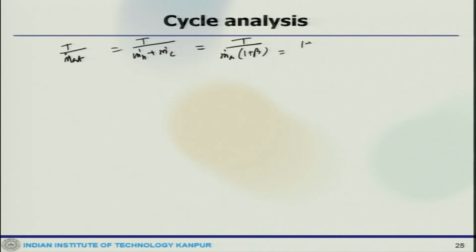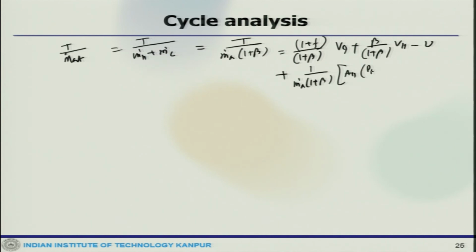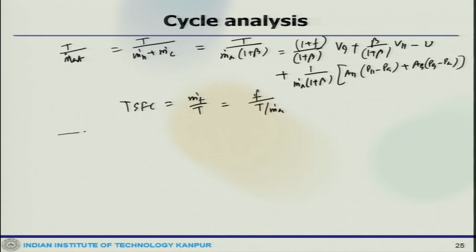So one can write ((1 + f)/(1 + beta)) V9 + (beta/(1 + beta)) V11 - U, plus 1/(m dot (1 + beta)) times [A11 (P11 - Pa) + A9 (P9 - Pa)], and TSFC, which would be m dot F by T, which can be written as f by T by m dot A. So this is how all the performance parameters for this double spool engine can be calculated along with all this information.